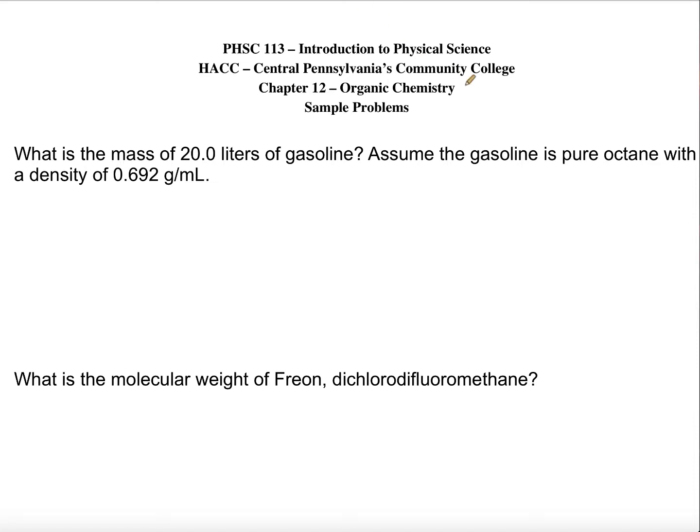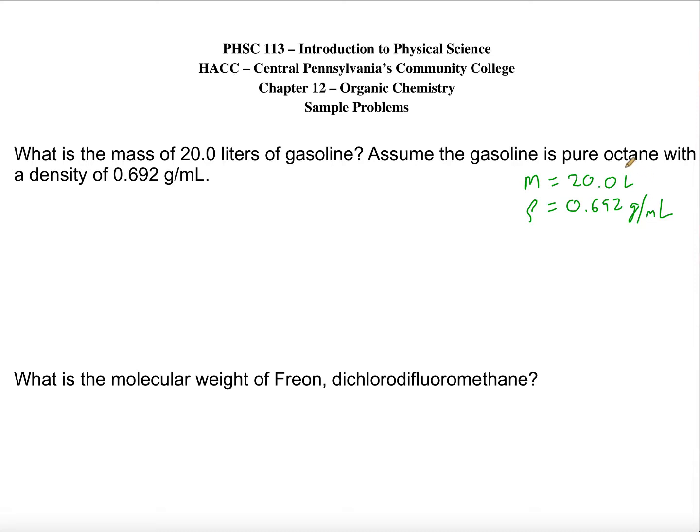So for problem one, it's always good to write what we know. So we know that the mass is equal to 20.0 liters. And we know that the density is equal to 0.692 grams per milliliter. Now, one thing we have to look at right away is that the units do not match up.